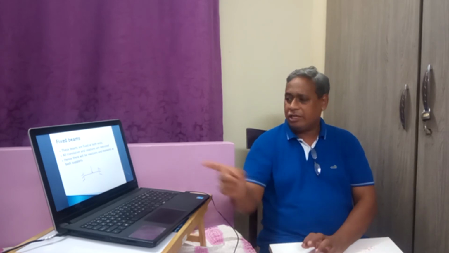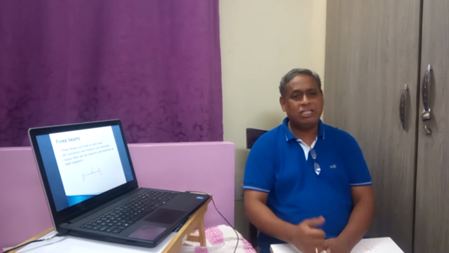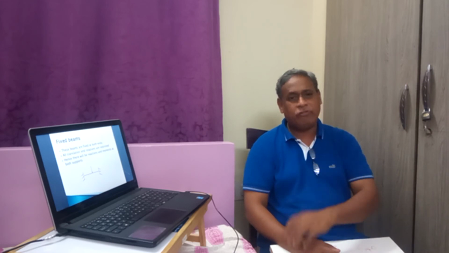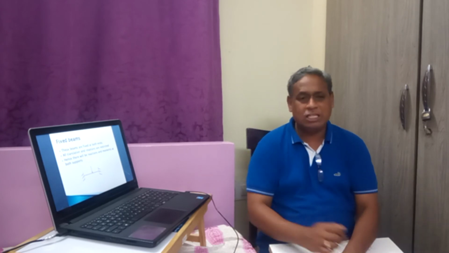Here we are left with four unknowns: at A there will be a reaction and a moment, at B there will be a reaction and a moment. But our equilibrium equations are two. These two equations are not sufficient to find the four unknowns. Hence this case becomes a statically indeterminate beam.